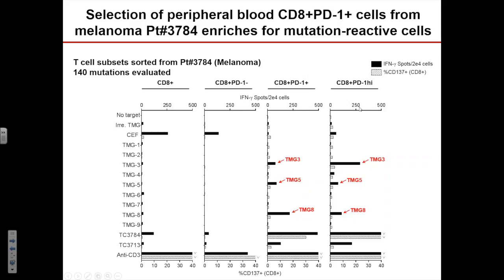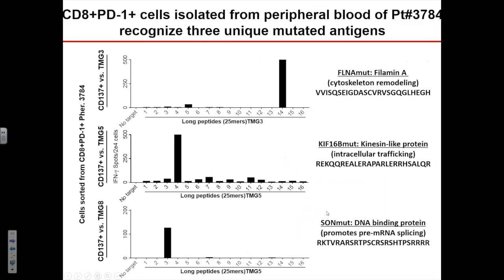and especially that small fraction of high PD-1 positive cells we could isolate on the sorter, recognize 3 different tandem mini-genes, and again, 3 just completely random genes from the intracellular constellation of expressed proteins, in this case filament A, a different kinesin-like protein, and the DNA binding protein that were recognized, in this case by testing, not by reverting to wild type, but by making the long 25-mer peptides and just pulsing them onto the antigen-presenting cell.